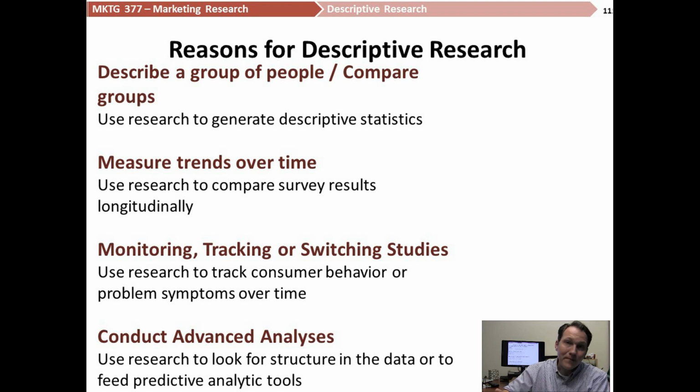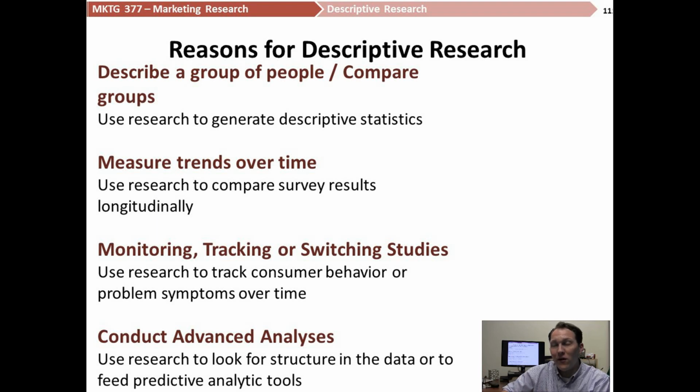Tracking studies might give me some idea of how key variables are performing over time and help me to see if things that I'm hypothesizing are going to go up, like let's say awareness of a product during a heavy advertising campaign, if those two things are varying together. In other words, as we increase advertising spending, is awareness going up? So I could use a tracking study to look for that.